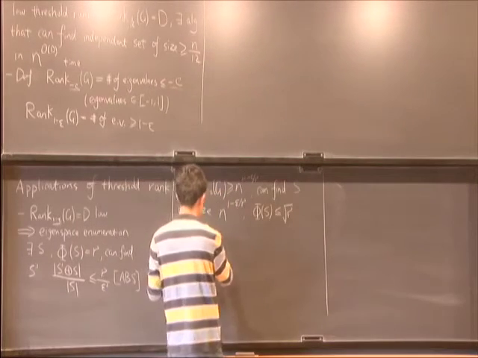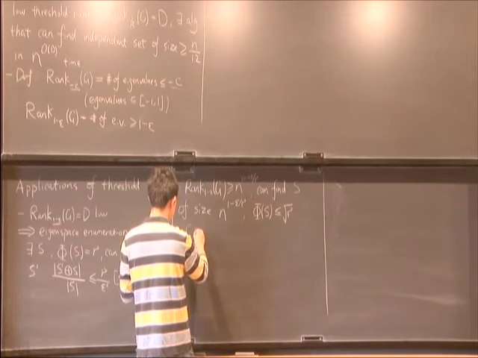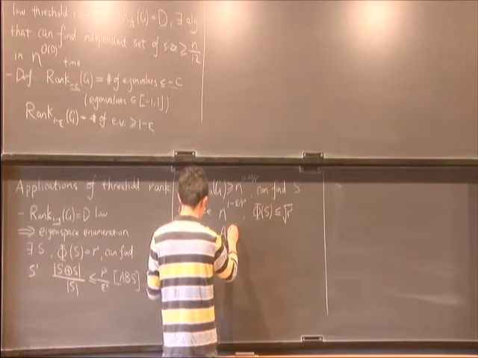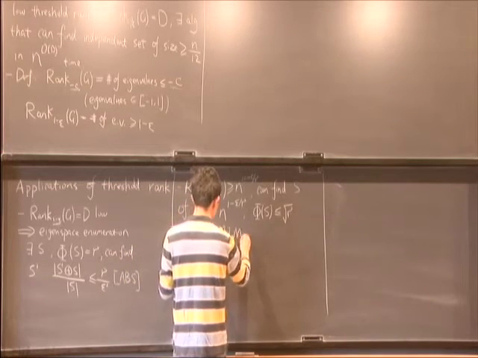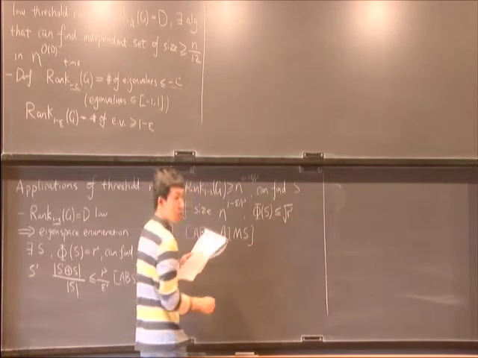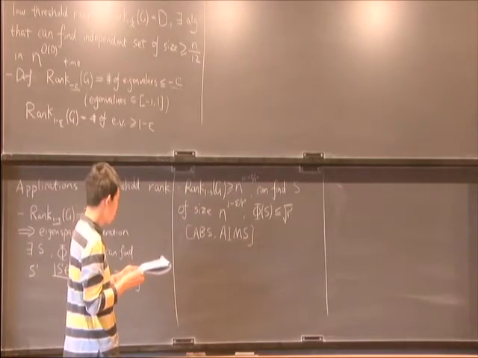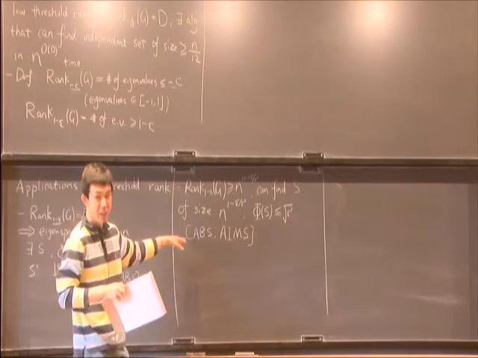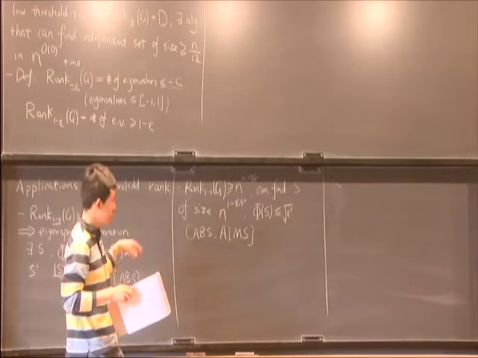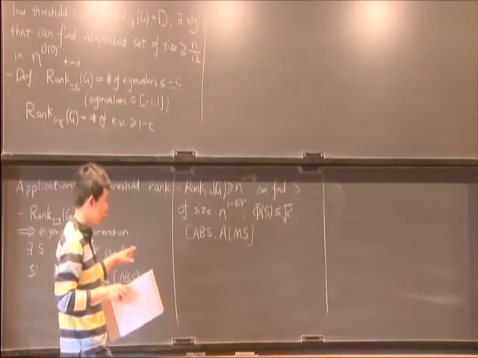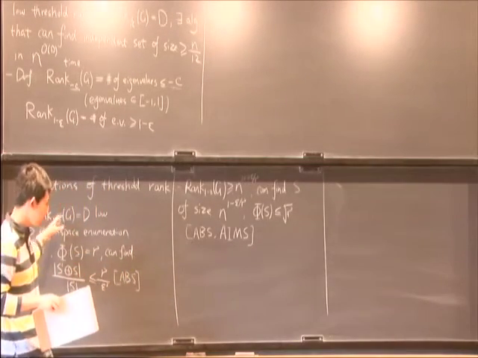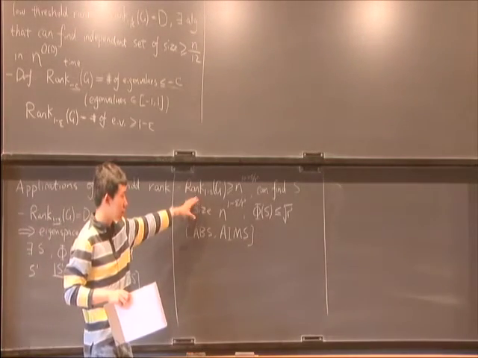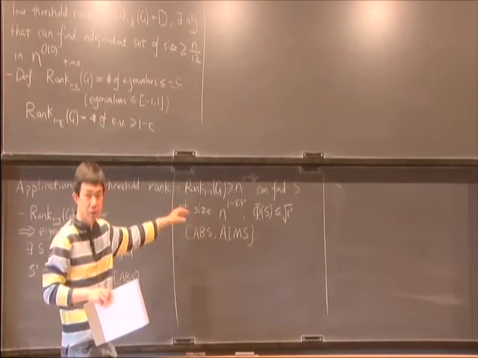This is also proved in ABS and also earlier in this work. So this is essentially how in ABS they get an algorithm for small set expansion, because either threshold rank is low and you can apply this algorithm, or the threshold rank is high and you can find this set.